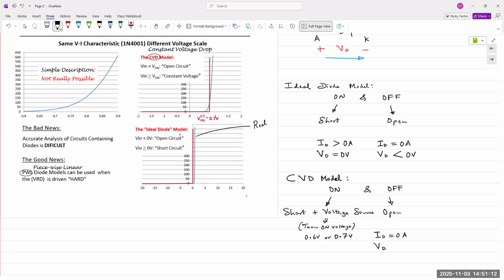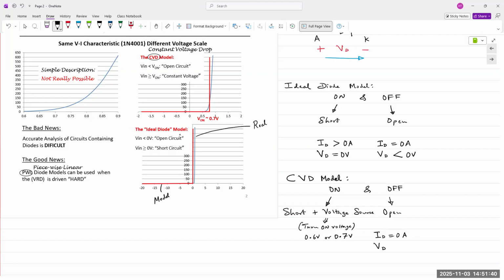But in an ideal diode, since we are modeling the diode turning on and voltage is equal to 0 in forward bias, the one in red is representing the model diode, meaning the ideal diode model. Current ID is 0 when the diode is in reverse bias, right?